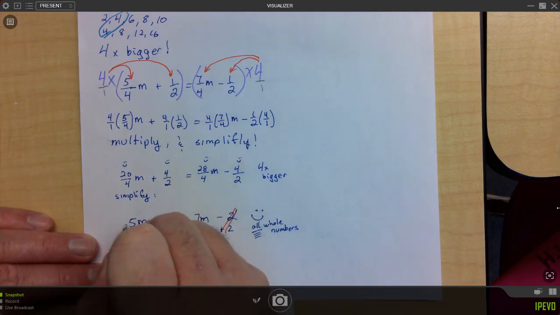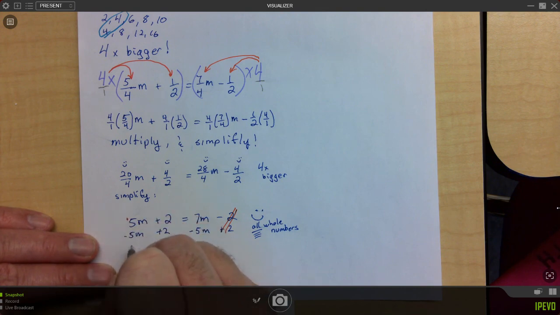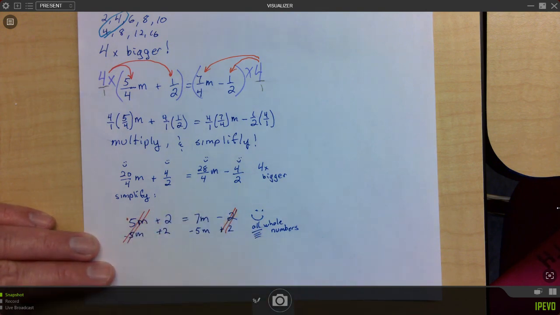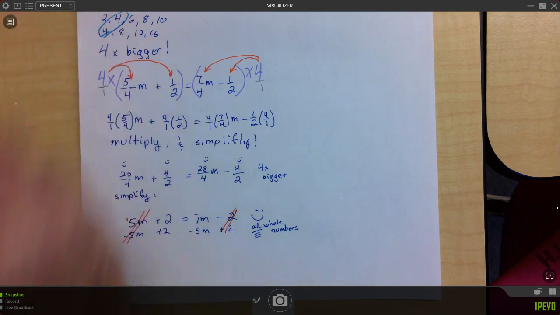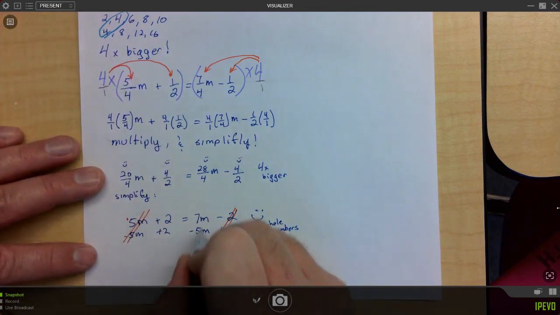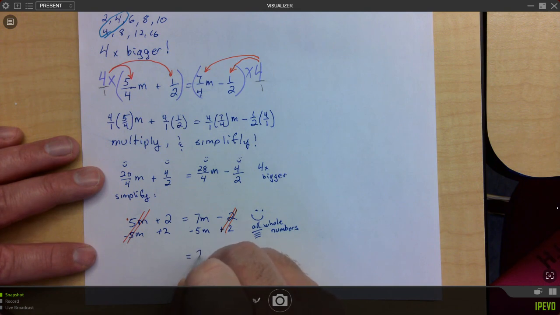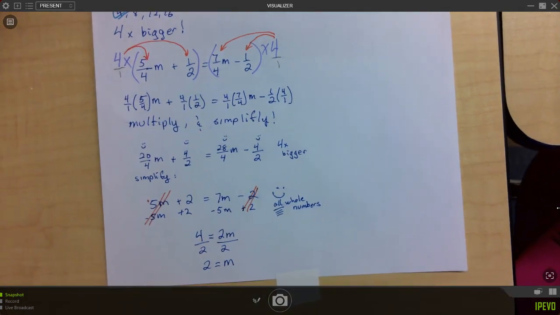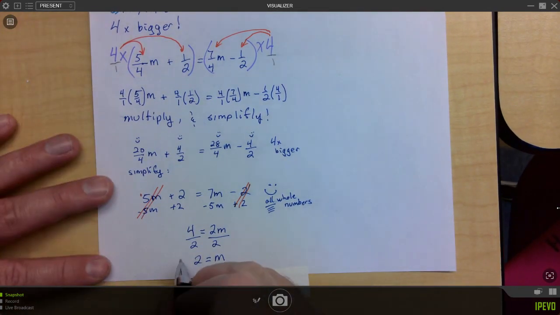My variable term, the positive 5m, minus 5m, becomes a 0 pair. Now we're really into solving and isolating this variable. 7 minus 5m is 2m. 2 plus 2 is 4. Divide both sides by 2. And I get 2 is equal to m. And that's my solution.